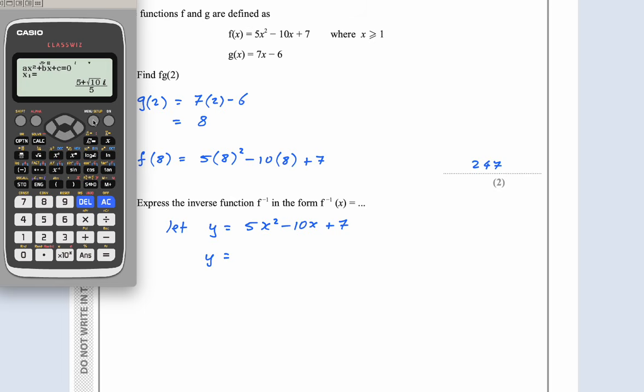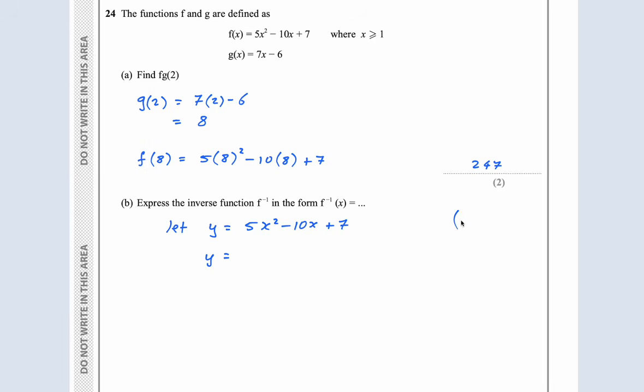Now it gives us x1 and x2, don't worry about it, ignore it, but the minimum is 1, 2. So the minimum is when x is 1 and y is 2. So the minimum, I'm just going to write here, is 1, 2. If you want to write min here. So here, the completed square, guys, is 5, stays out here, open bracket, x minus 1, it's always minus this, squared, and then plus 2. That's it. That is the same as this. And if you multiply this out, you'll see why it's the case.